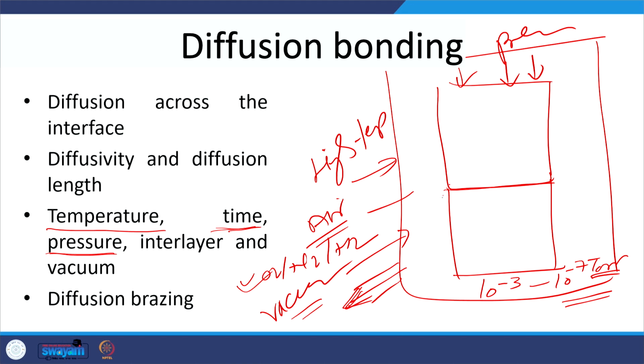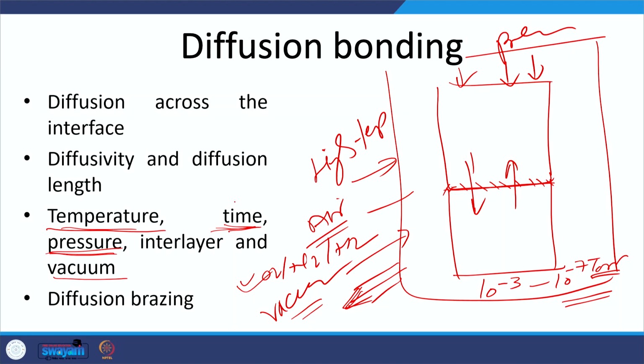What will happen? Our metal to metal contact will enhance, and that in turn will facilitate the diffusion across the interface and the development of a sound and good joint. Okay. So, vacuum, pressure, time and temperature, these are the 4 parameters about which we have talked.